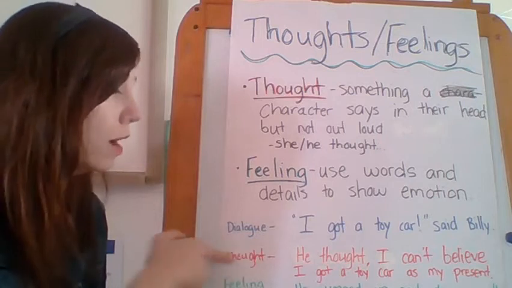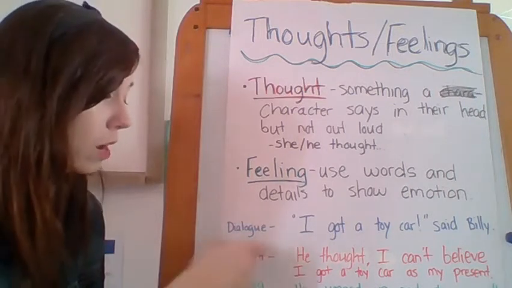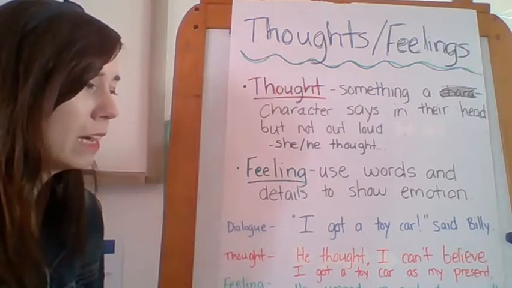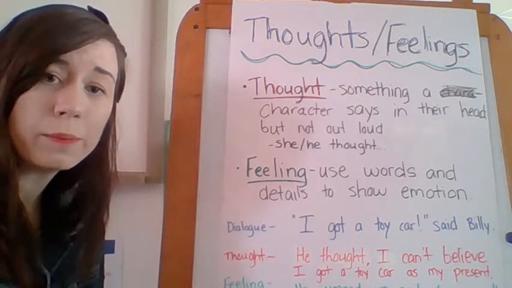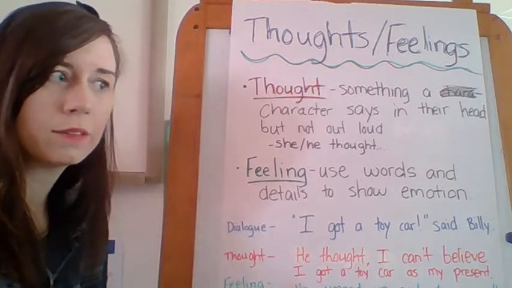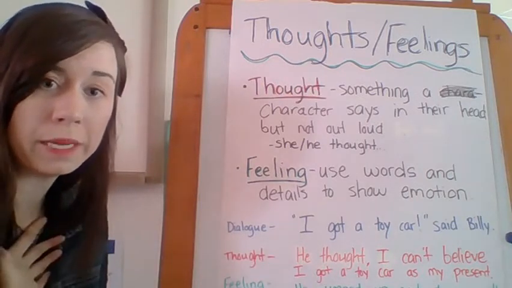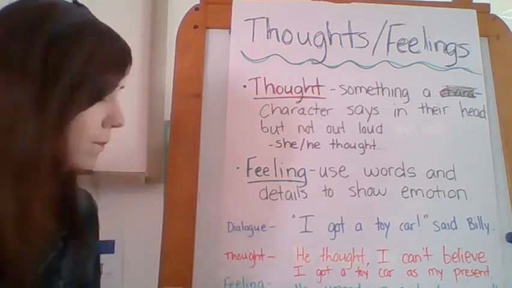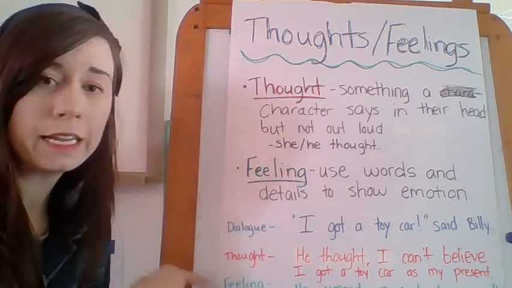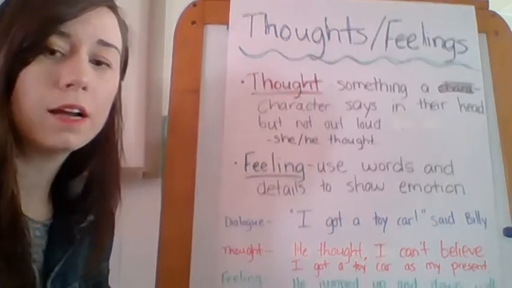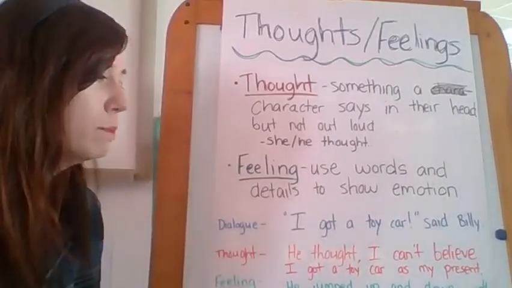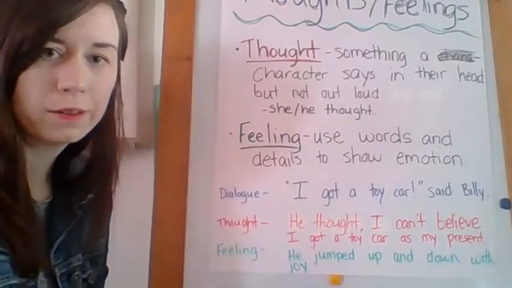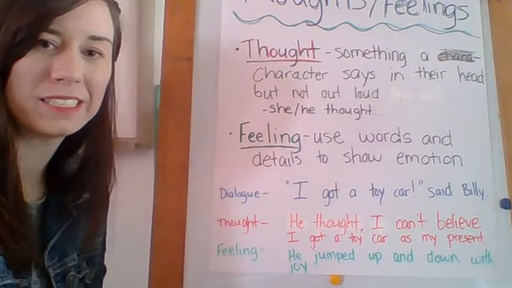And his thought when he got a toy car, he thought, "I can't believe I got a toy car as my present." So it kind of tells you a little bit more about Billy. He's very excited and he can't believe it. And his feeling, it tells you in the story he jumped up and down with joy when he opened that present.